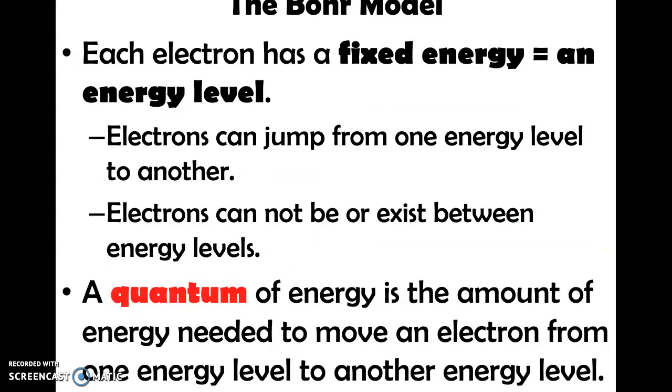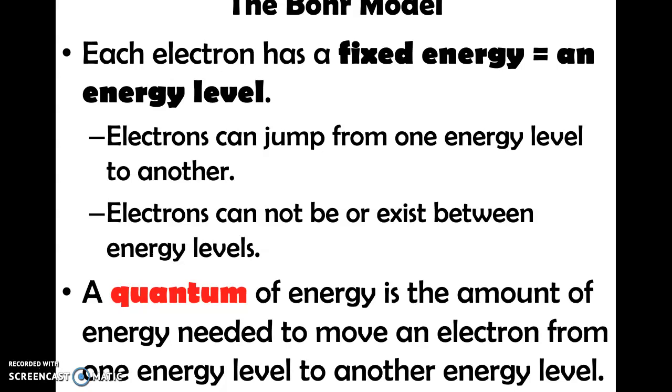So we say that each electron has a fixed energy level, right? And the electrons can jump from one of those levels to another. However, the electrons cannot exist between energy levels. So they have to either be in level 1 or level 2. There is no level 1.5, right? And so we call this energy a quantum, right?